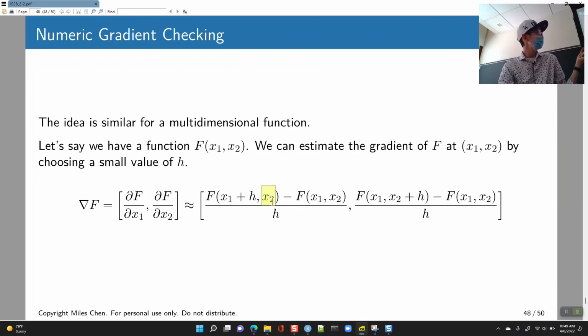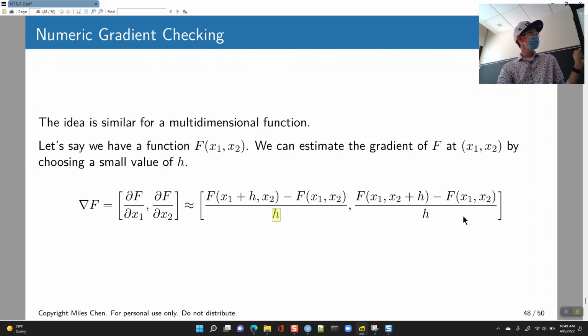We leave x2 untouched, and this is key. For the first component, don't do anything to x2. Only add h to x1, and then subtract off the function at x1, x2, and divide by the size of h.